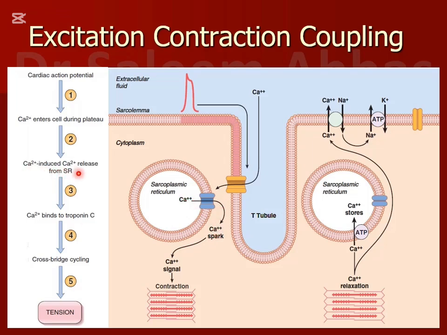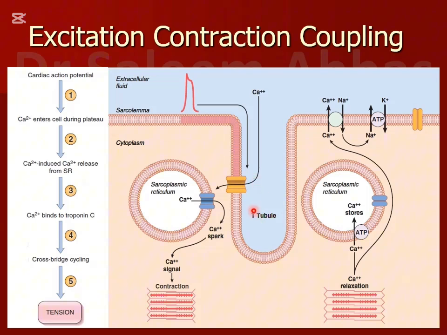Then this calcium binds to troponin C, and that leads to cross bridge cycling, and that results in the contraction. During relaxation, the calcium is pumped back into the sarcoplasmic reticulum by calcium ATPase, and it is also pumped out in exchange for sodium. So the calcium level in the myocardial cell falls, which results in relaxation. So this is the whole process of excitation contraction coupling.